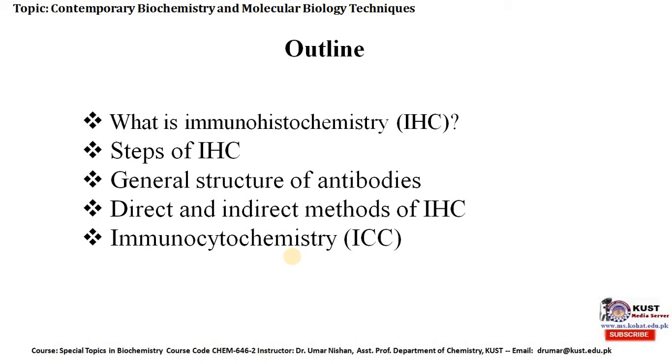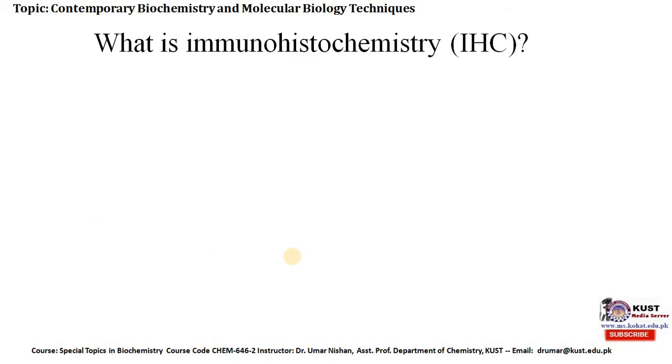Otherwise, there are a lot of similarities between the two. This is why we are studying these under a single heading in a single lecture. So let's go for the topic.